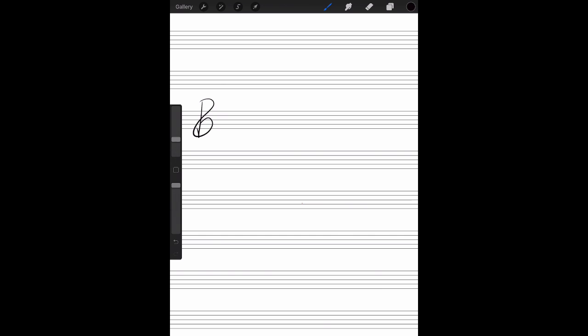So we're looking at sharps, and they need to be written in a specific order: F sharp, C sharp, G sharp, D sharp, A sharp, E sharp, and B sharp. Now writing that on our treble clef, we have F, C, G, D, A, E, B, and those are all sharp.